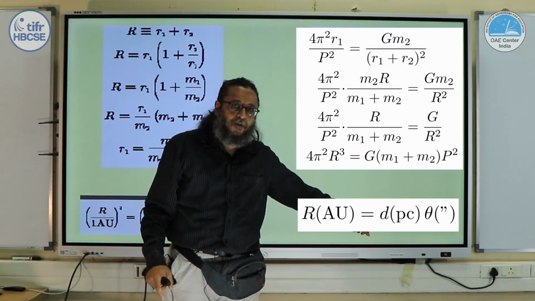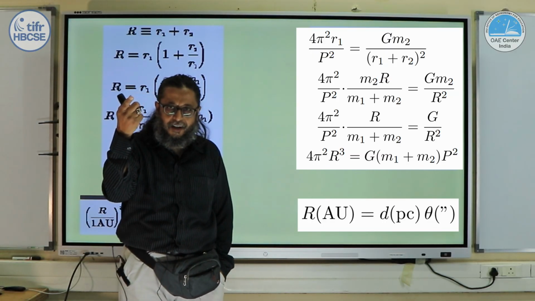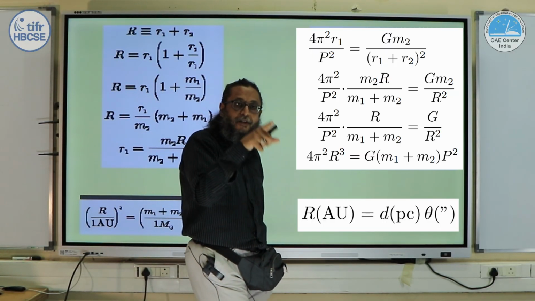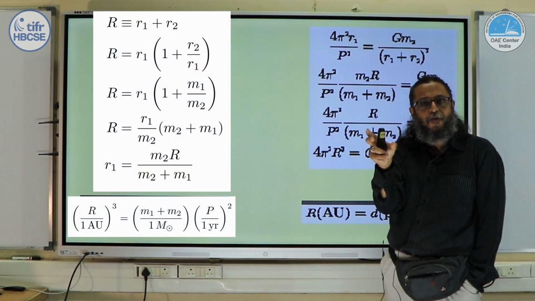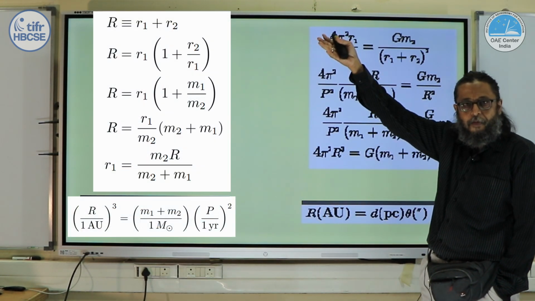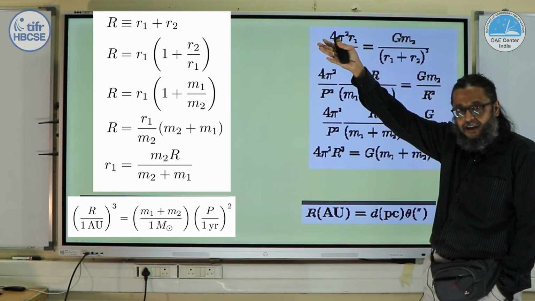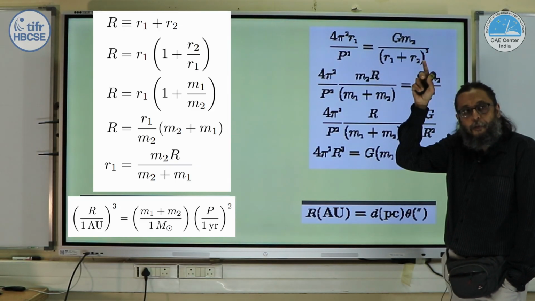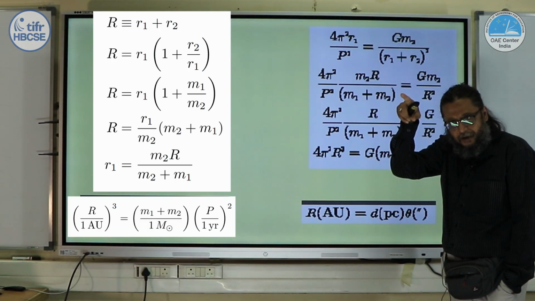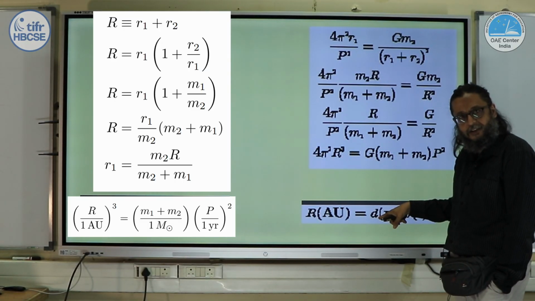This distance you can measure from the luminosity of the star and make use of the HR diagram. Whatever flux you measure, you do the spectral classification, you understand what the luminosity should be, and hence from the measured flux and the luminosity from the HR diagram, you can get the value of the distance.